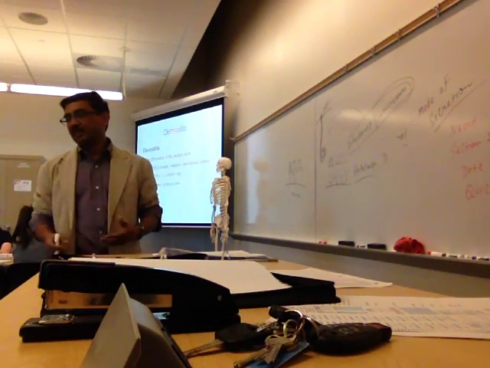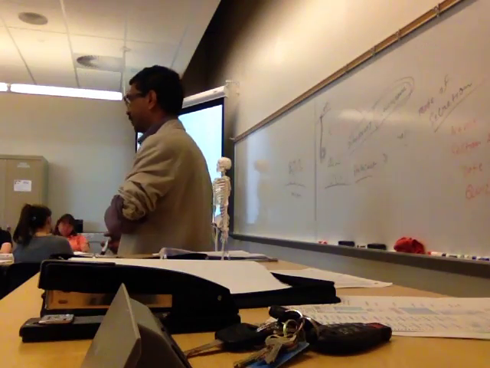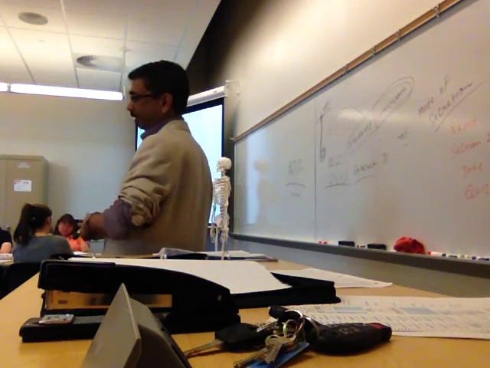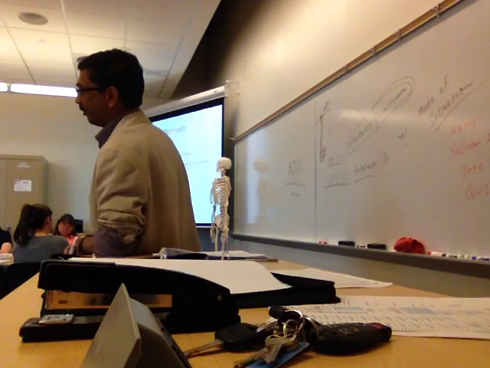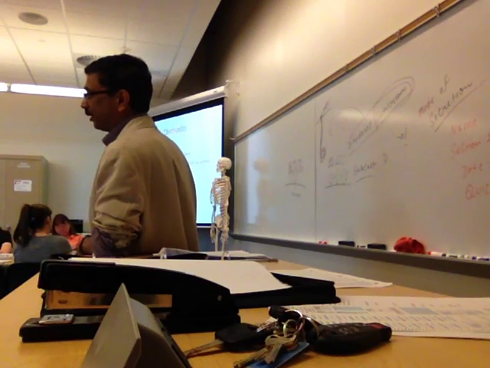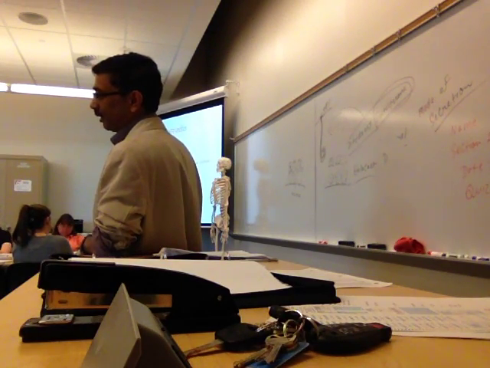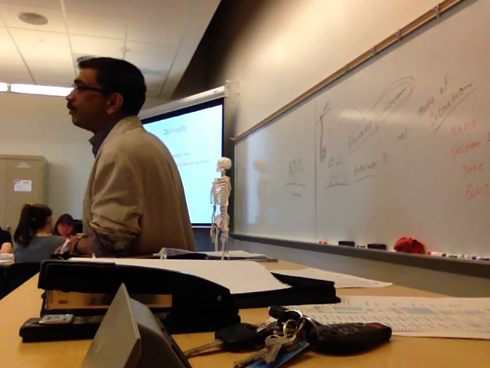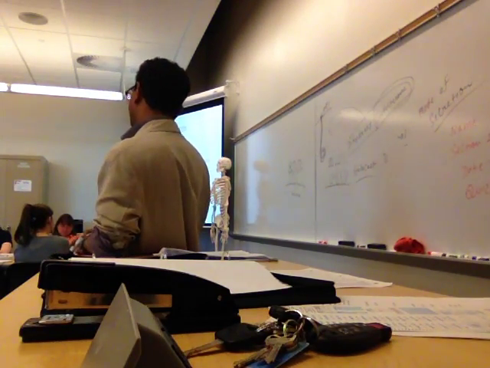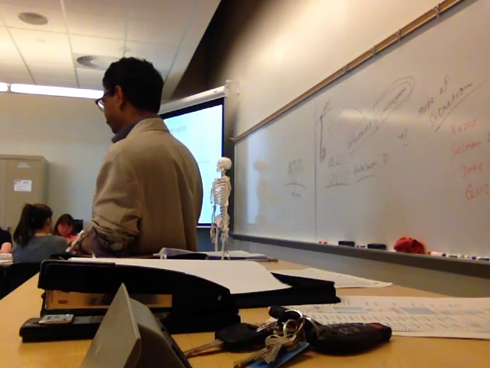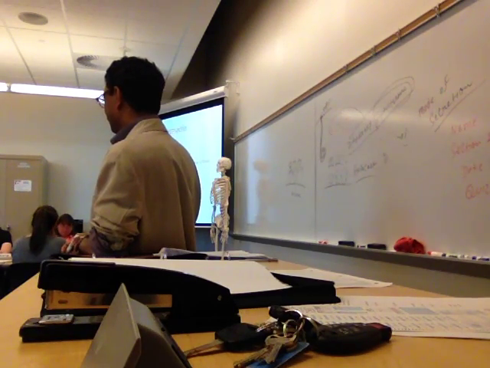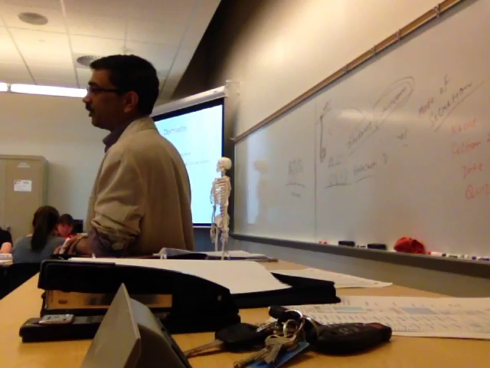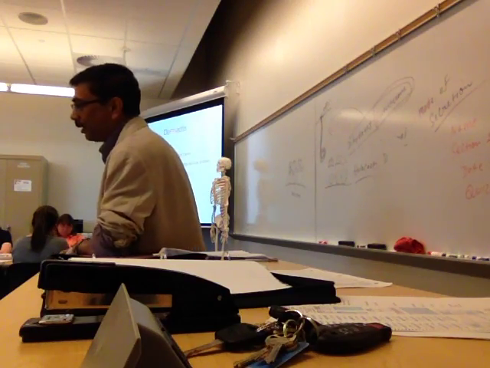When we say hepatitis, that means inflammation of the liver. Hepatic indicates liver. Nephritis, inflammation of the kidney or the urinary system. So dermatitis is the inflammation of the dermis of the skin. Make sense?